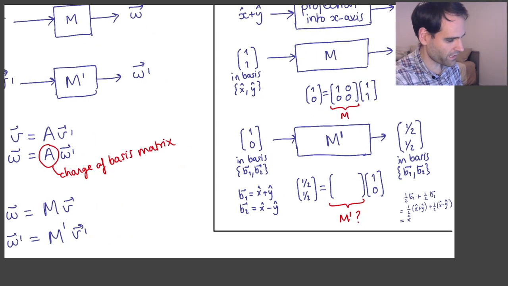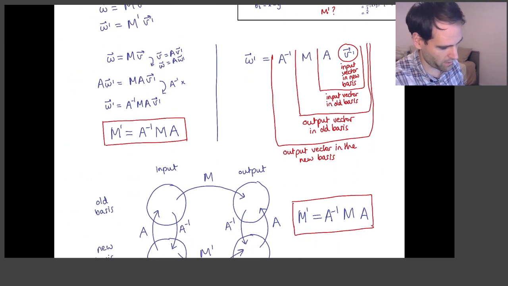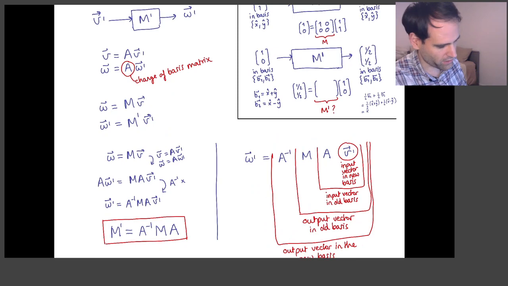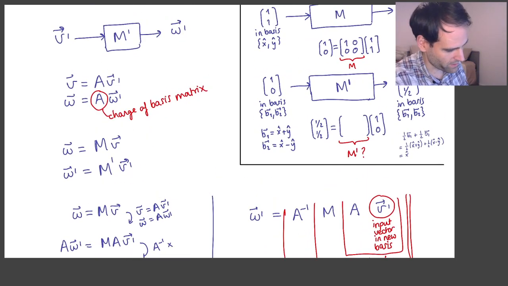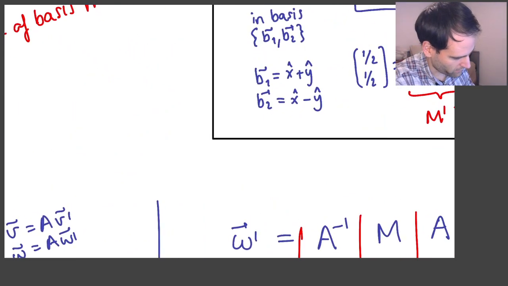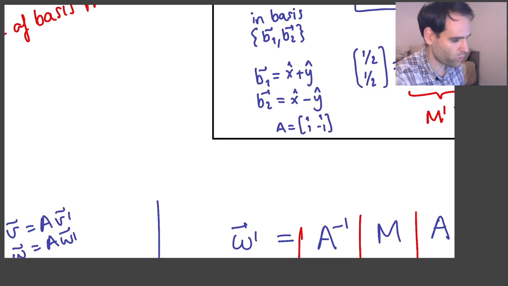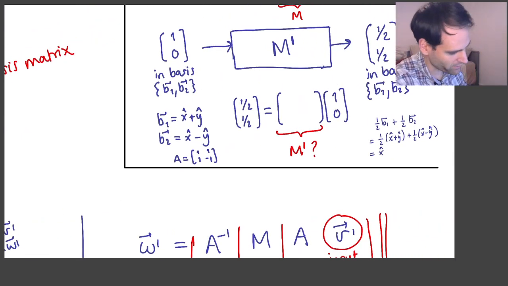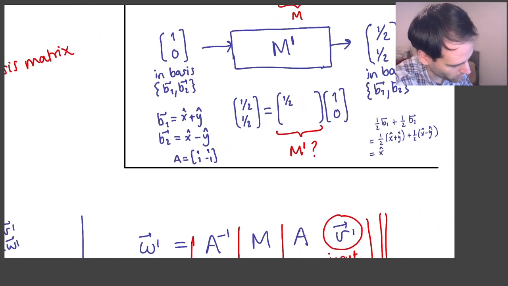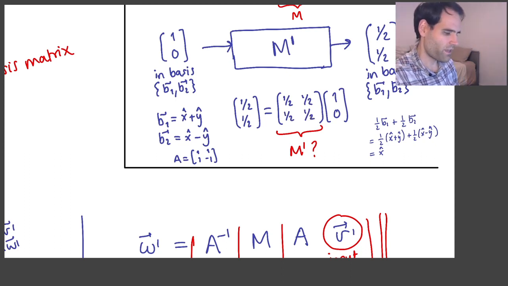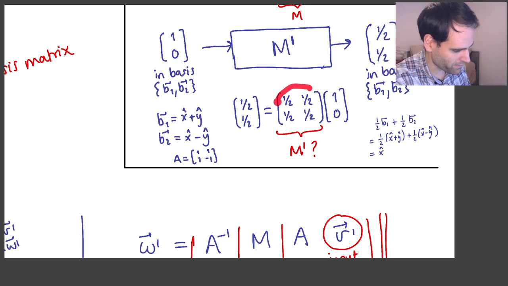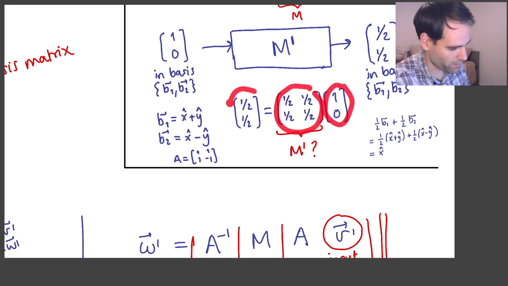If you actually did the calculation of A⁻¹ times M times A using A as the change of basis matrix corresponding to this basis, A would be the matrix [1 1; 1 -1]. So doing those operations, you would arrive at matrix M prime being equal to this matrix [1/2 1/2; 1/2 1/2]. And indeed, if you multiply this matrix times this vector, you end up with this vector.